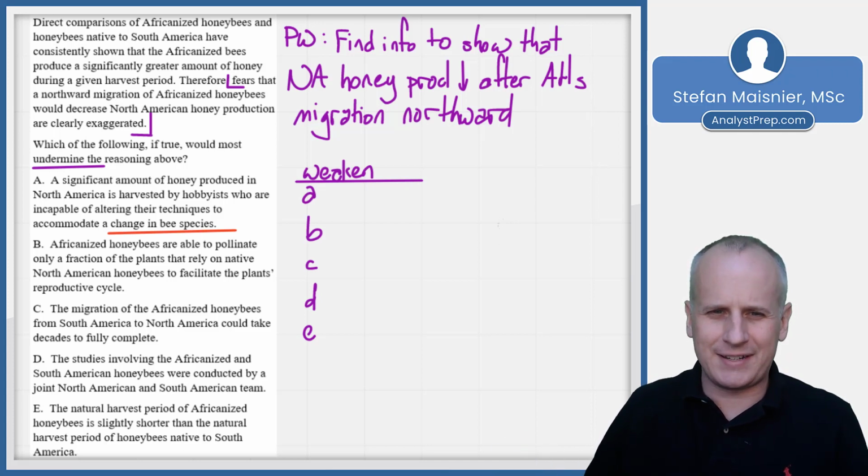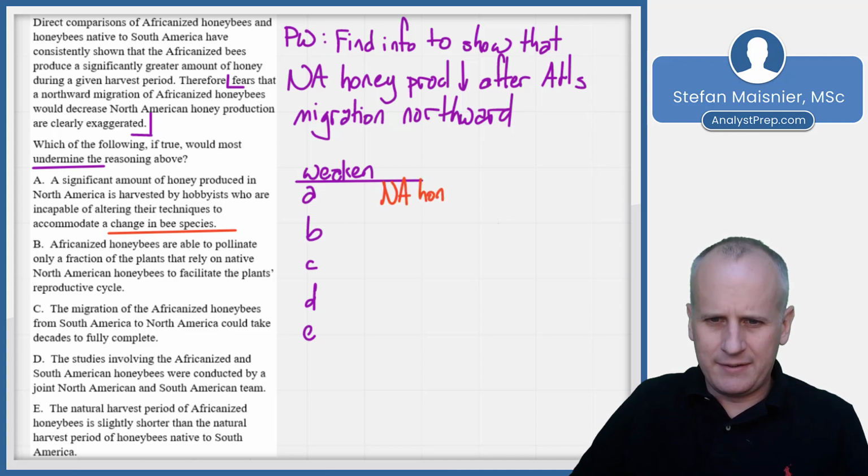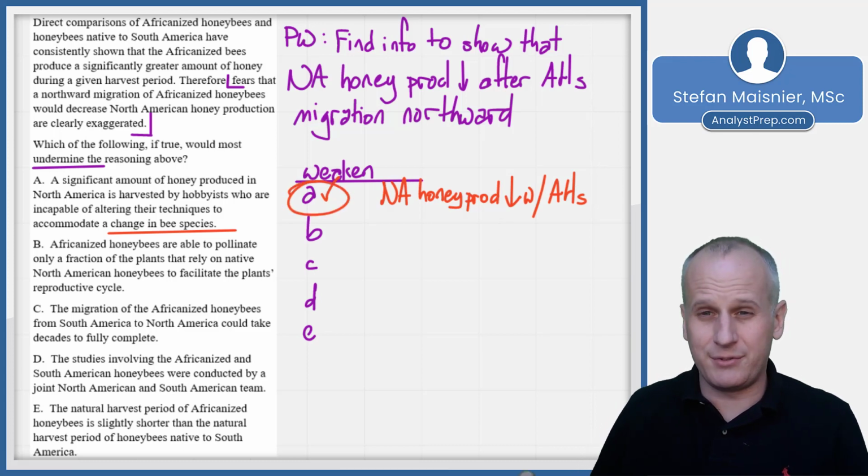So, if they can't alter their technique, they seemingly won't be able to produce the honey. And so, this basically is showing that the NA honey production goes down with the AHs because that's a switch. So we get that as a real nice match to our prediction, even though it's a broad prediction.